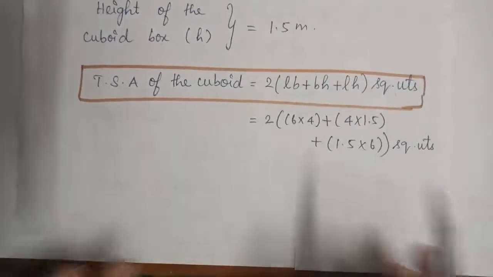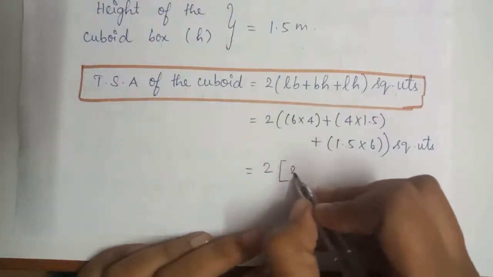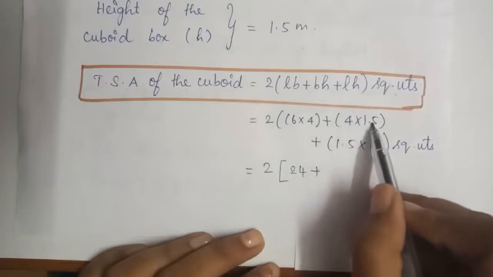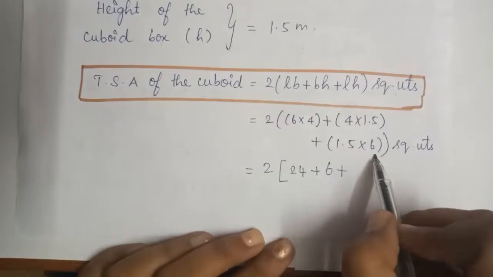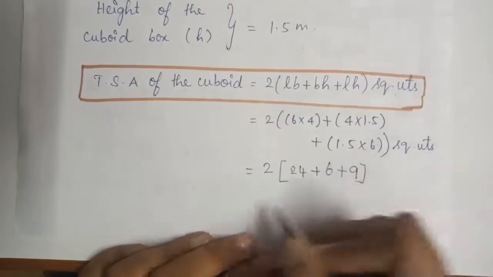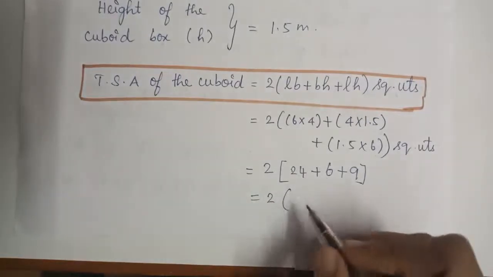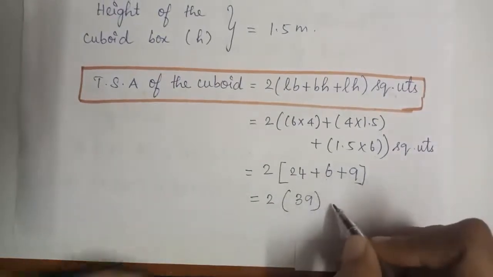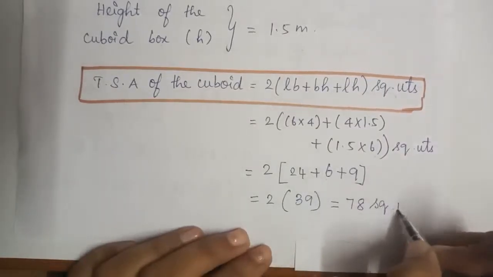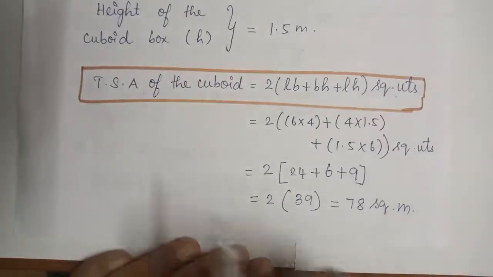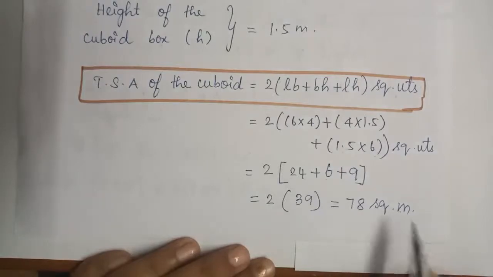So 2 into (6 4s are 24 plus 4 into 1.5 is 6 plus 1.5 into 6 is 9), which is 2 into (24 plus 6 plus 9 is 39). So 2 into 39 is 78 square meter. So total surface area of the cuboid is 78 square meter.